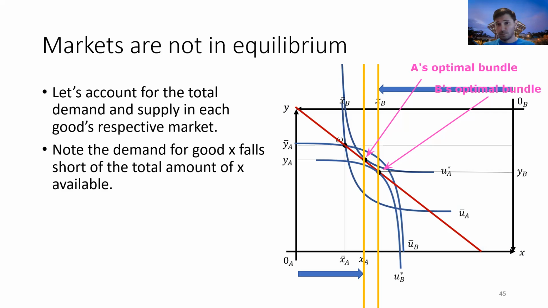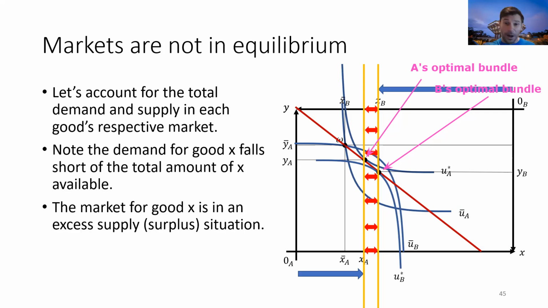And they don't. Okay, so we can see here that if we add up the total demand for X, the demand for X in total doesn't use up the full supply of X available. And so I'm going to argue that because of this, the market for good X must be in a surplus situation. There's more of its supply than these individuals are demanding at the current set of prices.